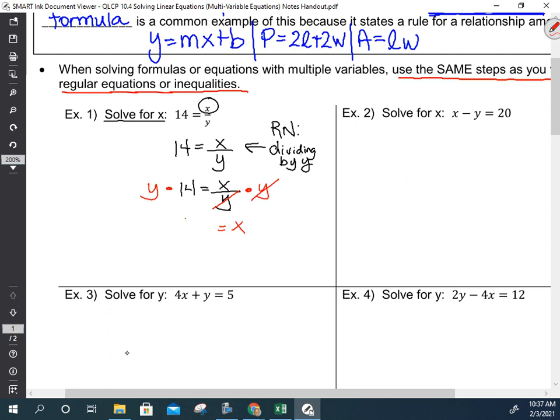14 times y is 14y. So 14y equals x. You look at the problem and ask yourself, is x by itself? Yes, it is. So that's your final answer.